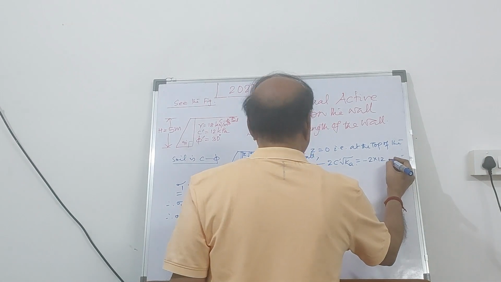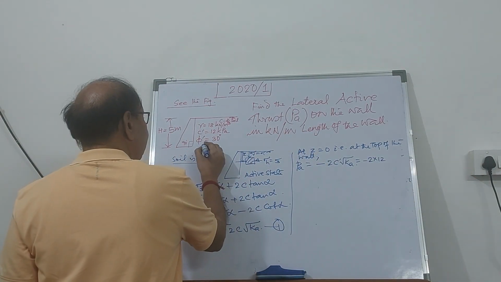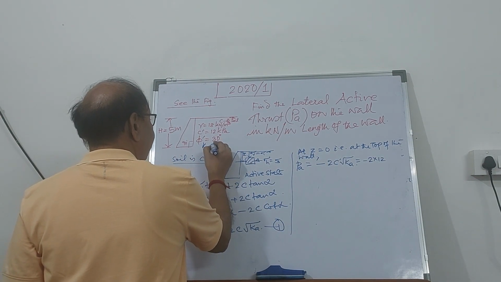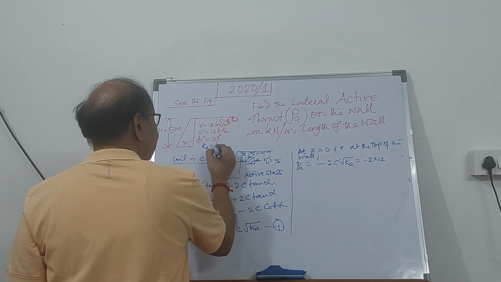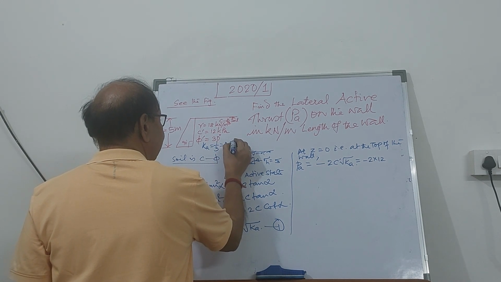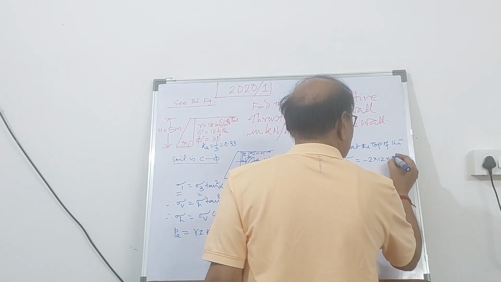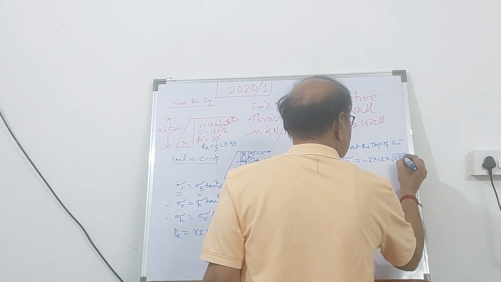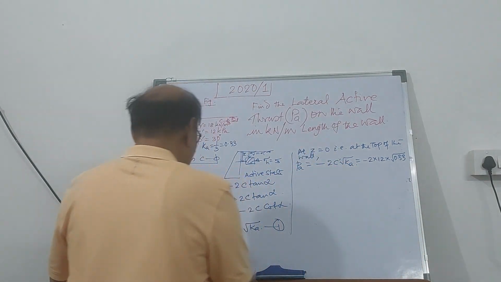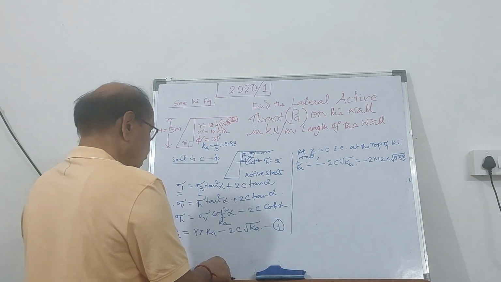And for phi equal to 30 degree, the value of K will be 1 by 3, that is 0.33, we can take it. So into under root 0.33. Now calculator will be required.